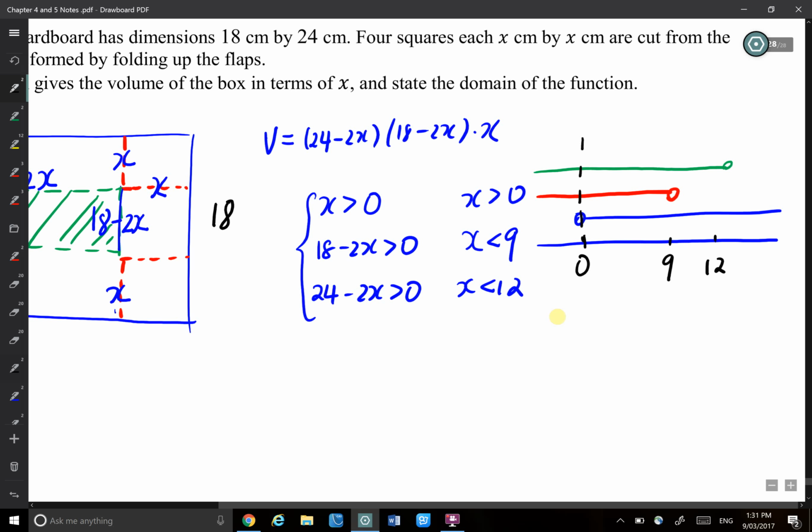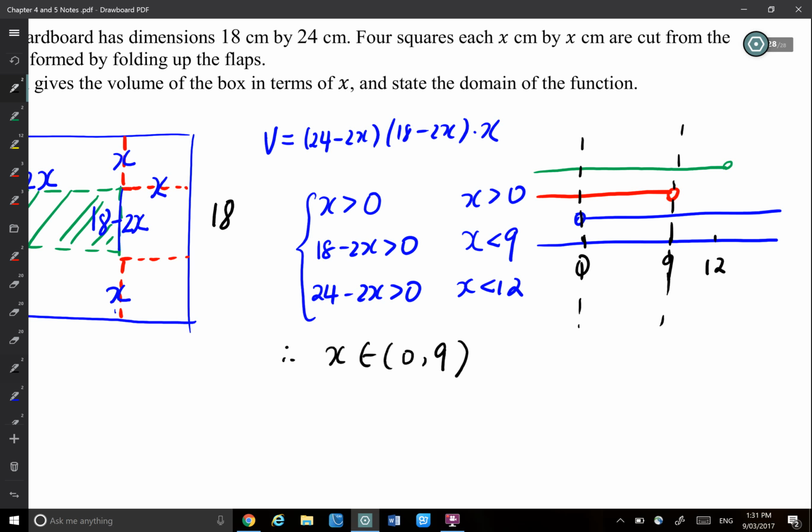It will be from here to here. But 0 and 9 are 2 open circles, so not including those 2 values. So x belongs to 0 to 9. Okay, x belongs to 0 to 9. That is the domain.